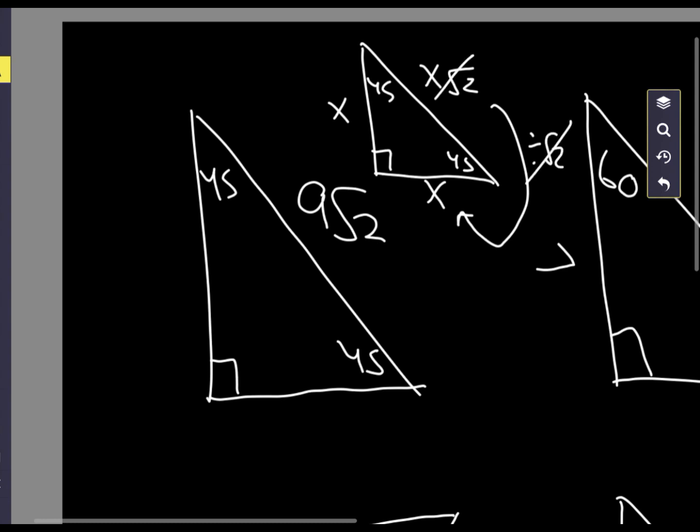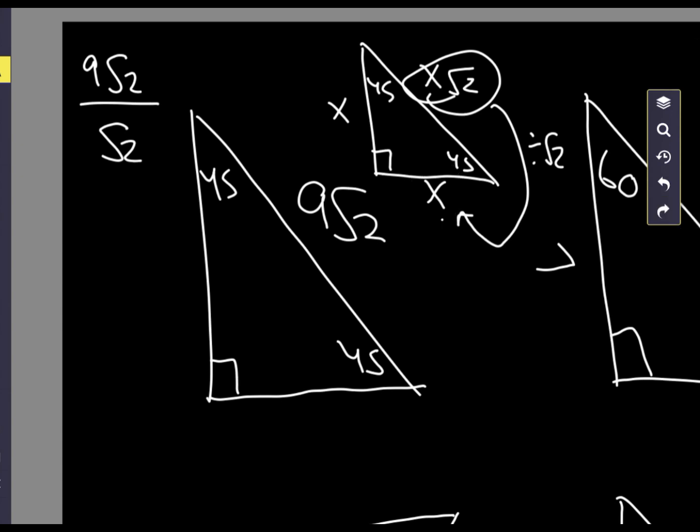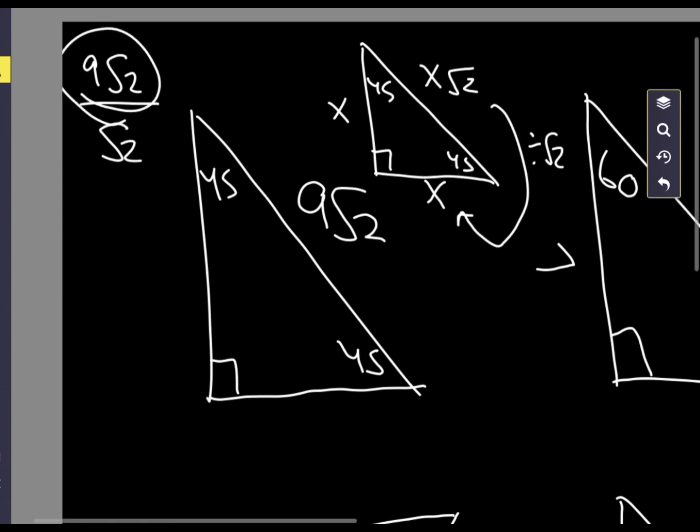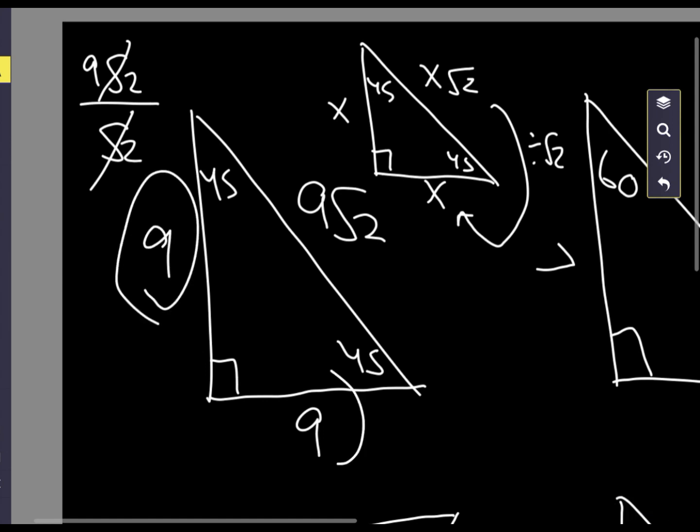Because then the radical 2's would cancel out, and we would just get x. So 9 radical 2 is our x radical 2 in this case. If we want to go from x radical 2 back to x, in this case, from 9 radical 2, well, we just divide the side by radical 2, and we get 9. Which means that the other side also has to be 9, because it's an isosceles triangle.